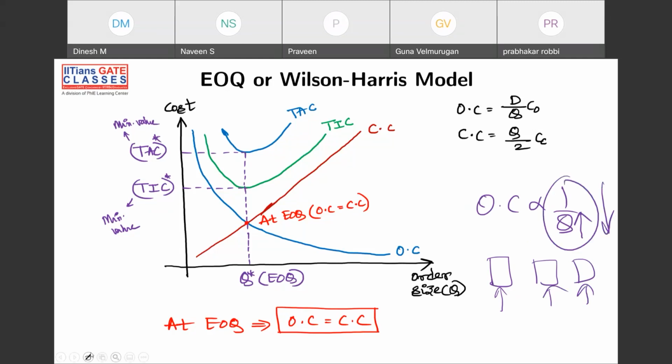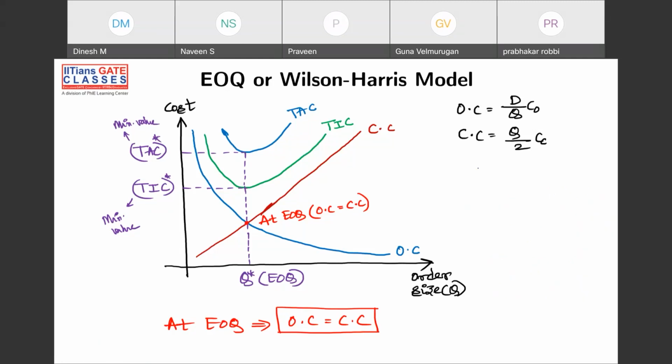That's why ordering cost is inversely proportional to Q. Y is inversely proportional to X, so xy is some constant. This is a rectangular hyperbola. I can draw it like this. This is X and Y. This line is your ordering cost line.